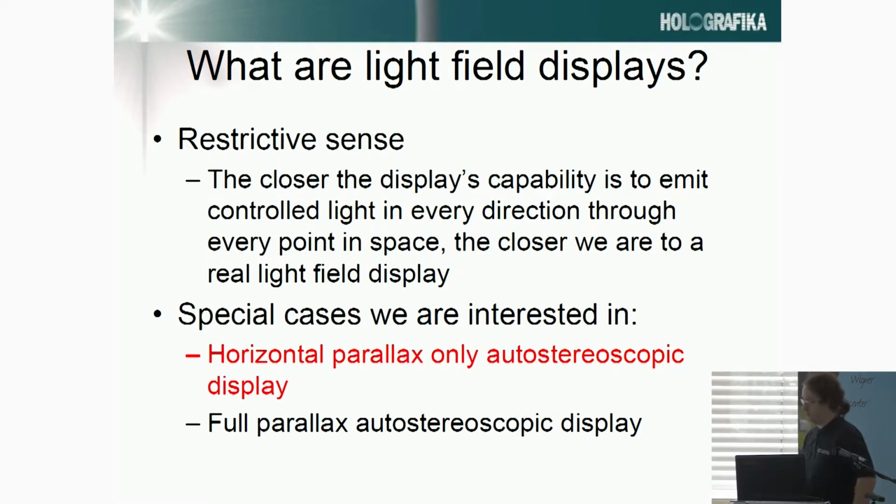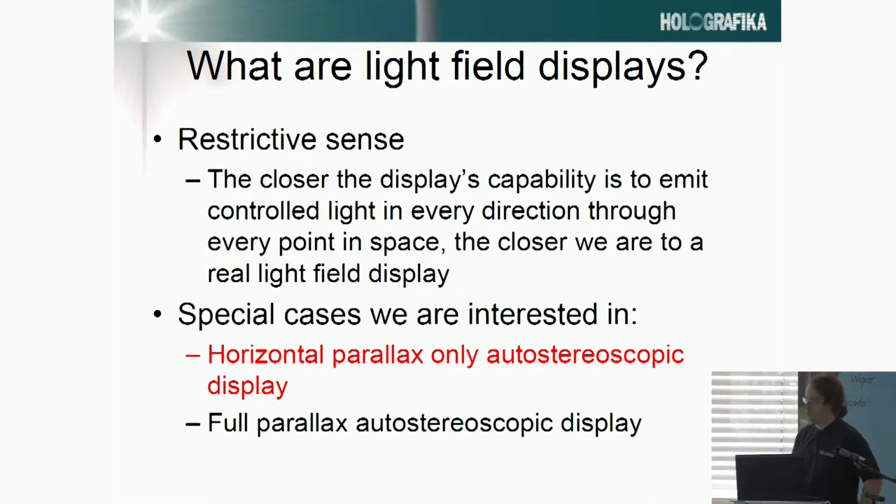What would we like to do? We would like to emit controlled light in every possible direction through every point in space. The closer we can go to this, the closer we are to a real light field display. We have two special cases that we can build that are close to this restrictive sense of a light field display.